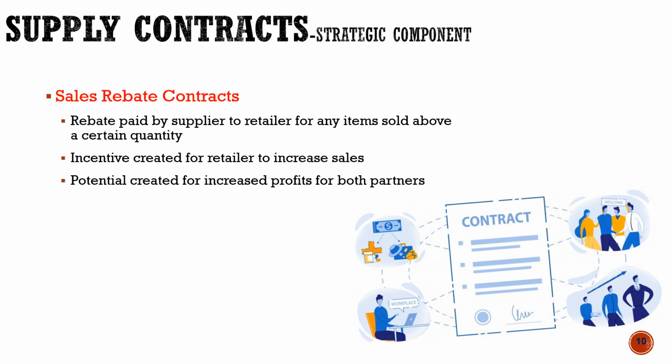Therefore, potential is created for increased profit for both partners. So the more the retailer sells beyond the agreed limit or certain quantity, he will get a rebate or incentives.